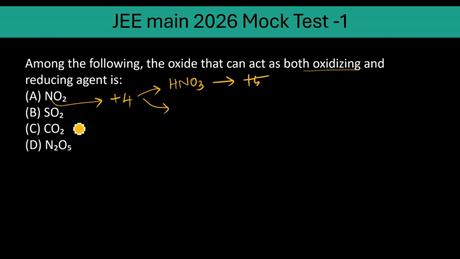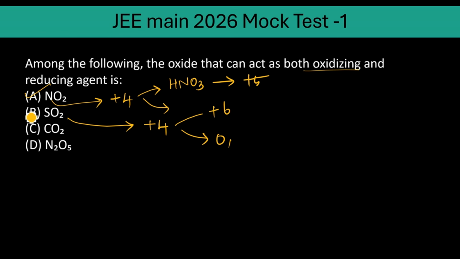What about SO2? So SO2 is in the +4 oxidation state, which can again go to +6 oxidation state also, or 0, correct?